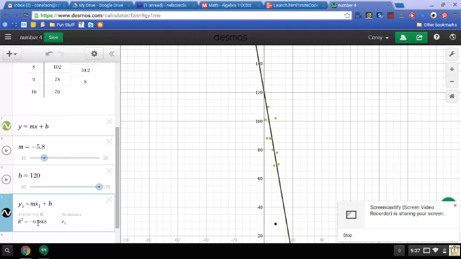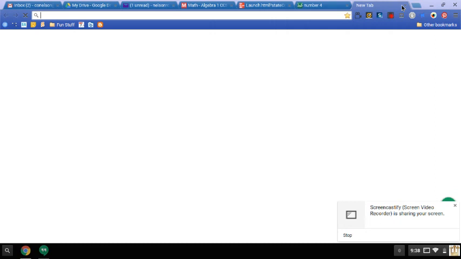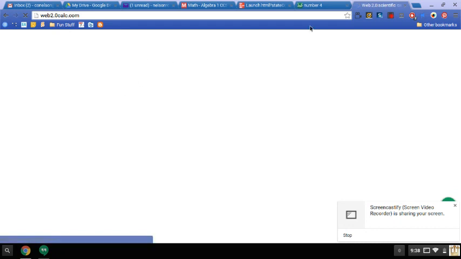Whoop, a little too much. Still have the residuals. Still looks like kind of a random scattering. Now I have this 0.0868 for r squared. It does not give me the r, so I'm going to have to use a calculator.